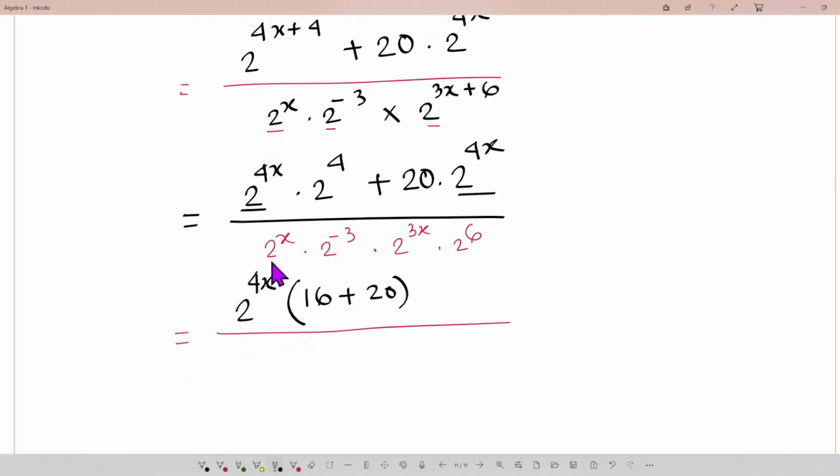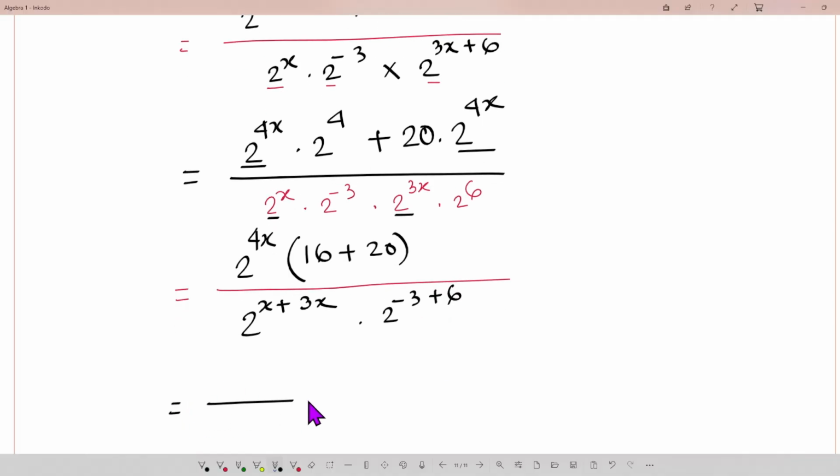and here 2 to the power x and here is 2 to the power 3x. We can write 2 to the power x plus 3x times here is 2 to the power minus 3 plus 6.